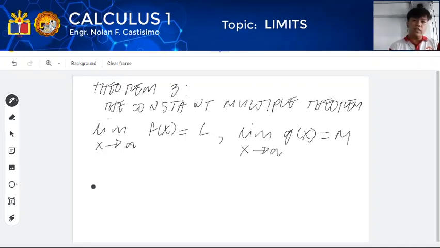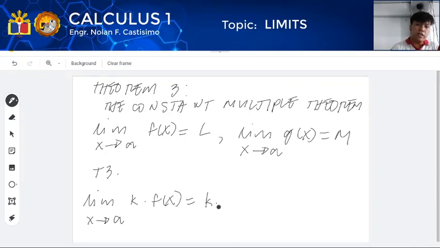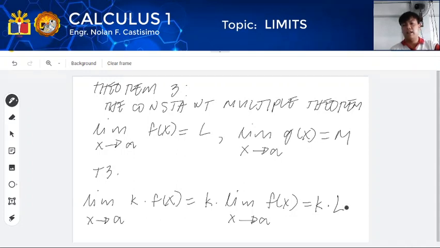So, ano yung formula natin for Theorem 3? T3. So, we have the limit of k f of x as x approaches a is equivalent to k. So, yung k natin, constant yan. K limit of f of x as x approaches a is equivalent to K dot L. Ayan.